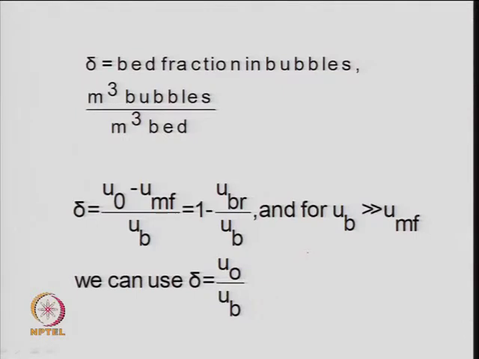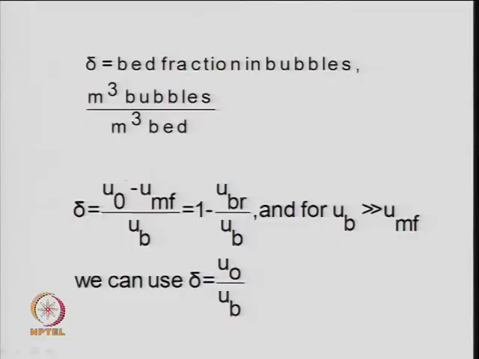Delta, I told you, is the bed fraction in bubbles. So, it is the volume of the bubbles in the bed, that is gas bubbles, divided by the volume of the bed, delta. And what is delta? It is related to the volume of the gas which is in the interstitial spaces. So, when it is at UMF, the particles are close together, packed together.